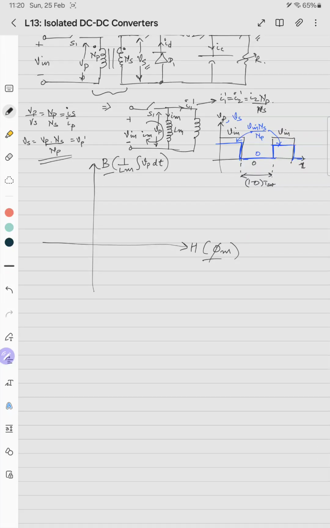One is proportional to mmf, other is proportional to the magnetic flux. So it will start from this point and it will rise when S1 is on. This is when S1 is equal to 1. Then when S1 becomes off, it will come here. This is Im.